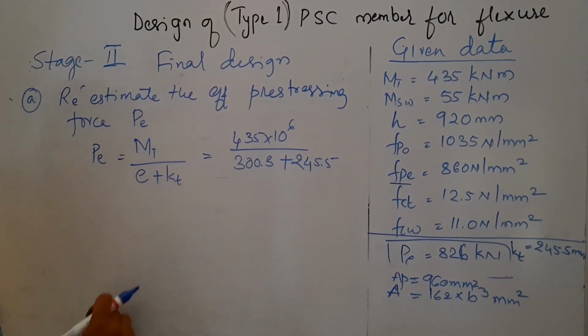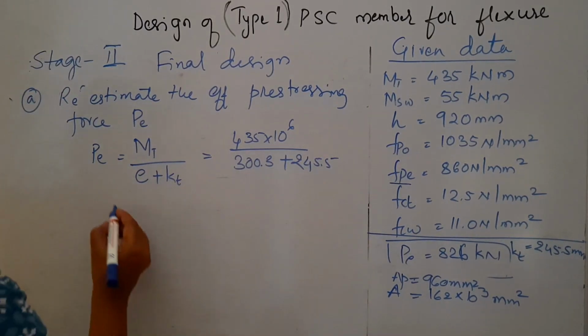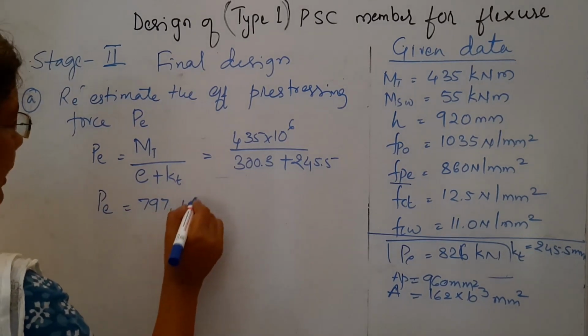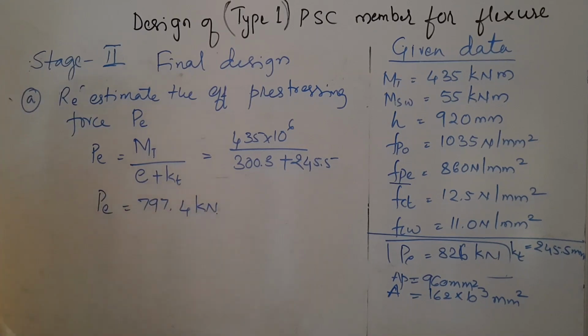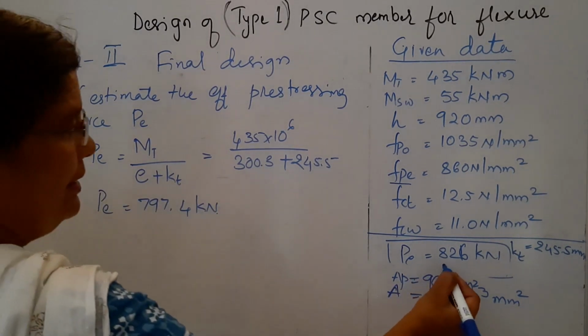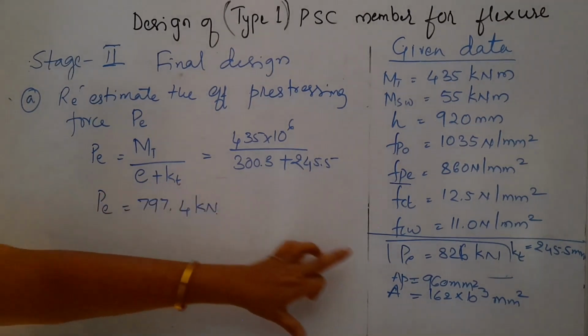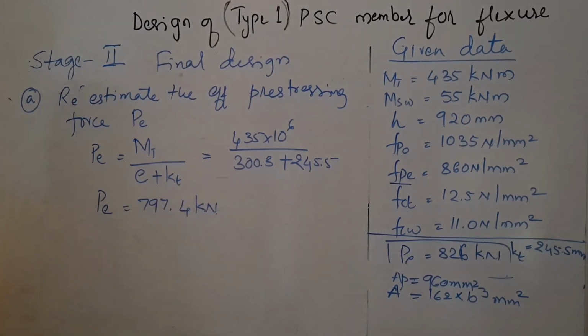The effective pre-stressing is 797.4 kilonewton. Now we have to compare with the previous value. Here it was taken from the moments, 826, and here it is 797.4. These two are not equal.